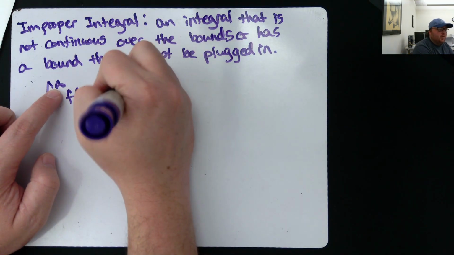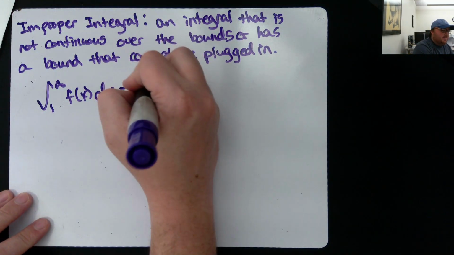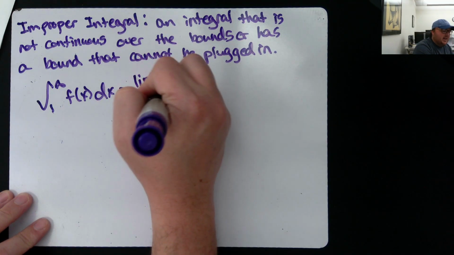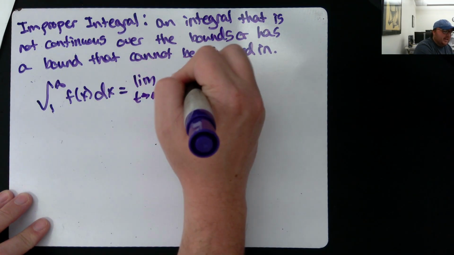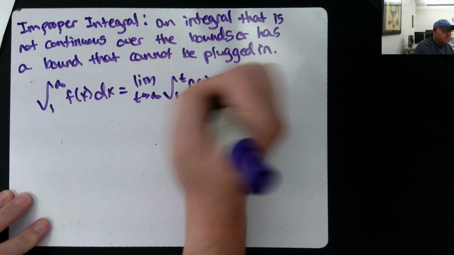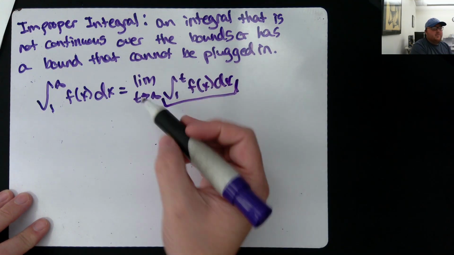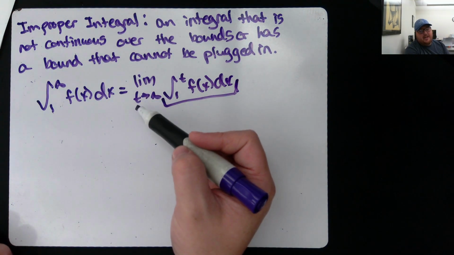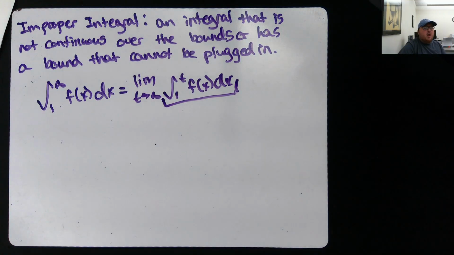So I'm going to replace it with a t and do the limit as t goes to infinity. Then I'm going to work this out and then find the limit as t goes to that thing. Another thing I can do is I can split it up.